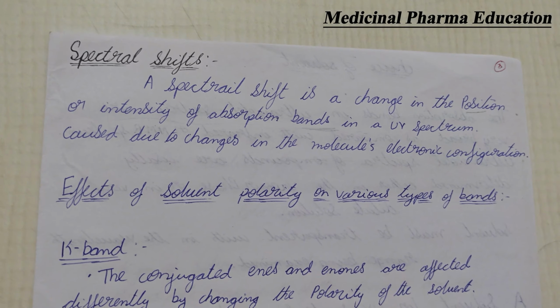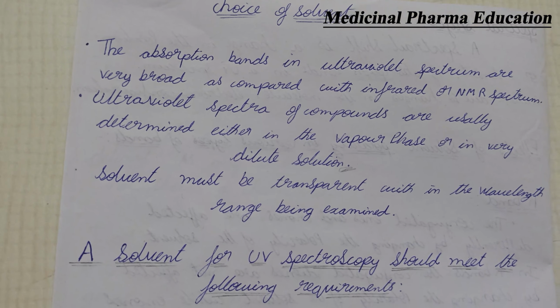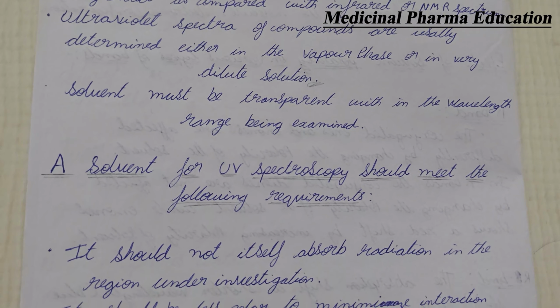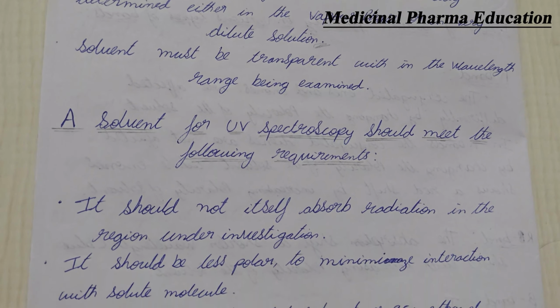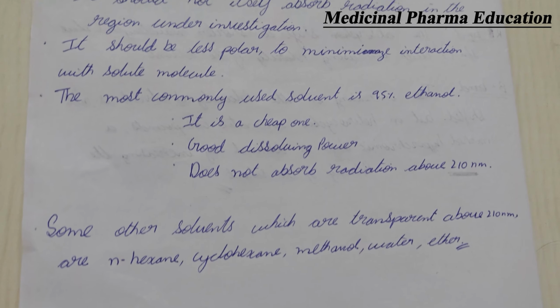The important topics are these topics. You should know these because they are directly related to the practical point of view, the choice of solvent and so on, and examples. See, these are the examples of the solvent. This is the solvent effect.